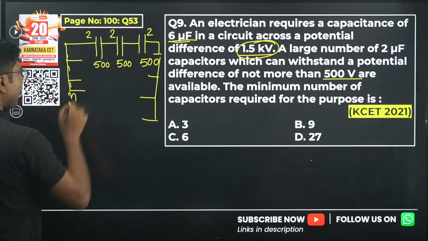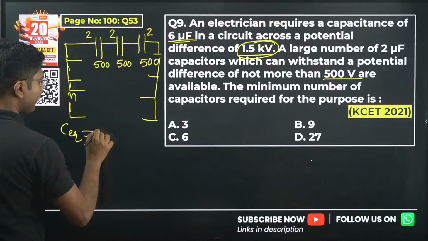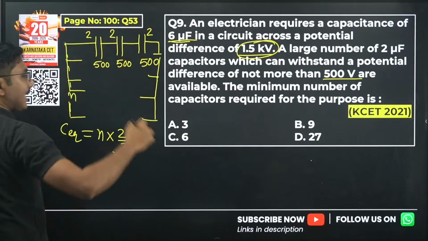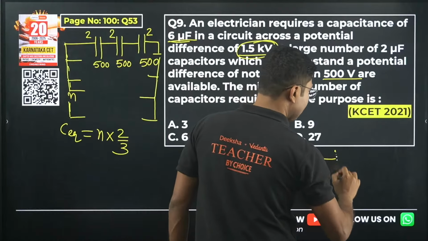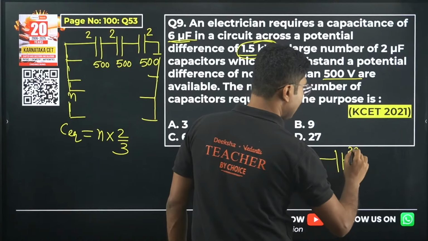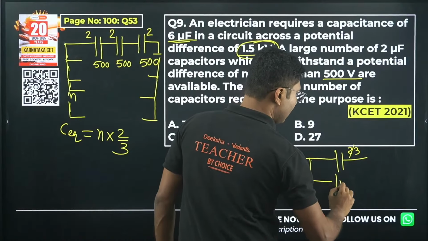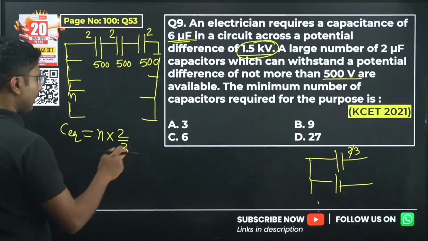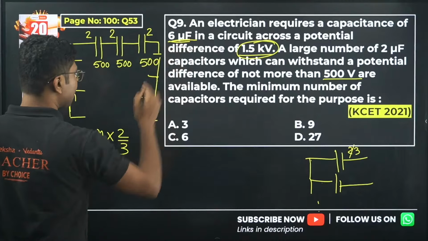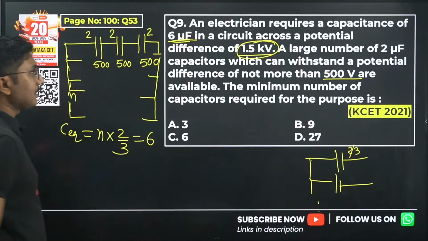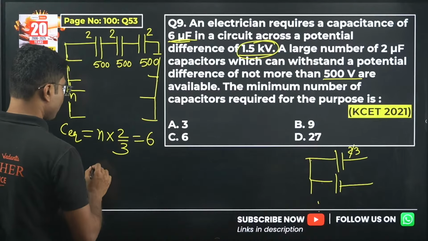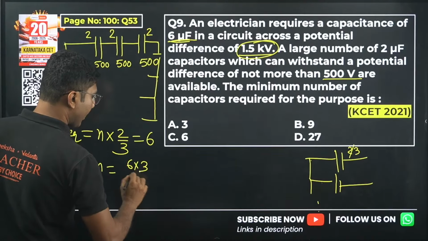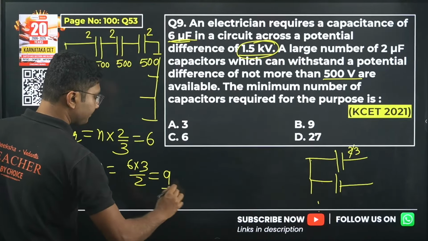So the total capacitance is n into 2 by 3. Now this must equal our required capacitance of 6 microfarad. From there, n equals 6 into 3 divided by 2, which equals 9.